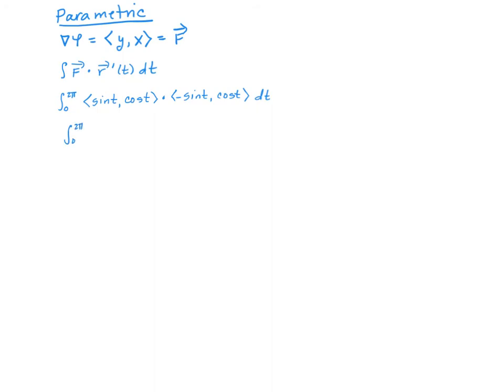So when I do my dot product, I'm going to have negative sine squared plus cosine squared of t.